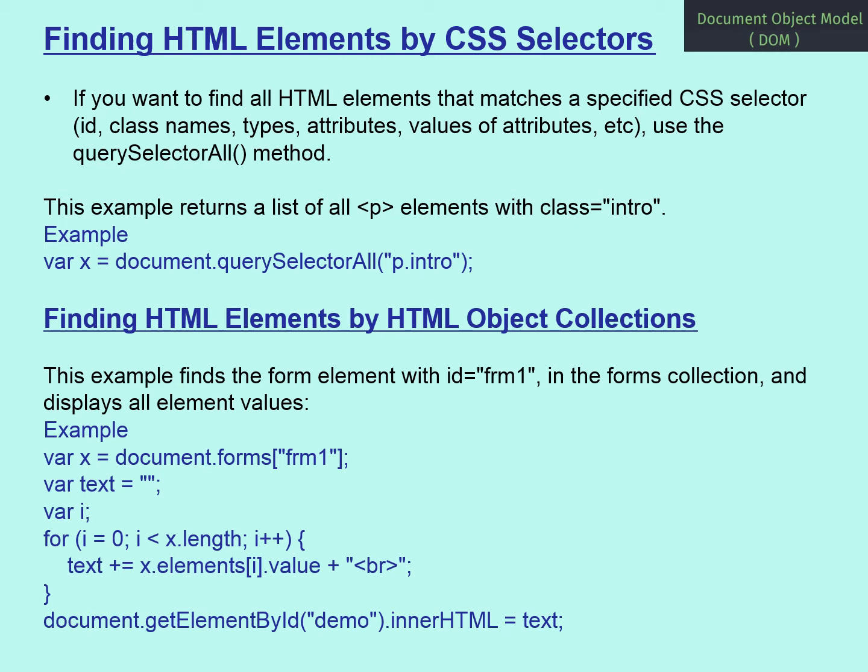Finding HTML elements by CSS selectors: if you want to find all HTML elements that match a specified CSS selector, use the querySelectorAll method. Inside a CSS selector we can specify IDs, class names, types, attributes, and property value pairs.